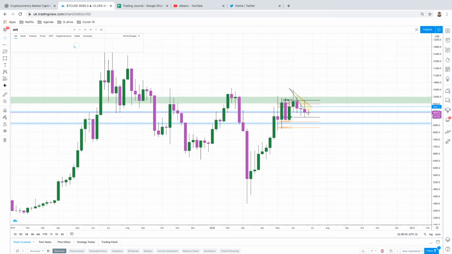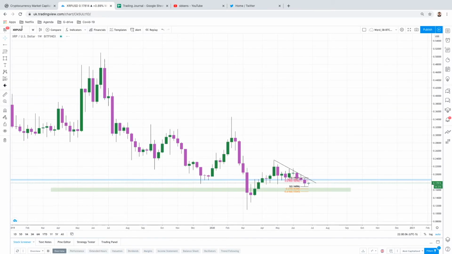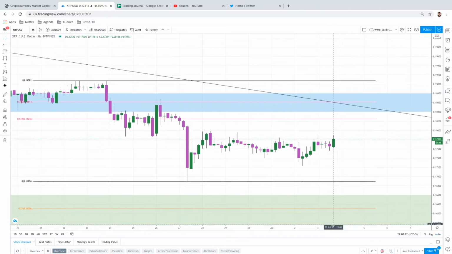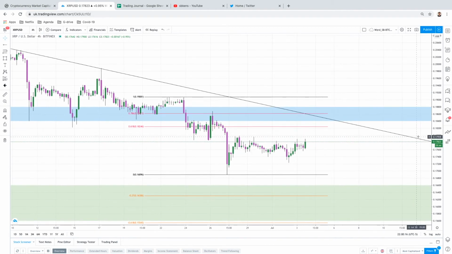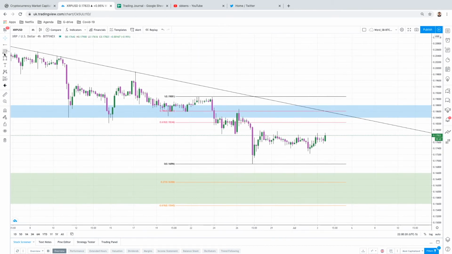Straight over to XRP. Now XRP is looking decent. Hopefully we'll see that push higher towards our 61.8 region pretty soon. It's not looking bad at all. There does seem to be some resistance at this zone here, just around there, but I'm hoping we can break that soon.